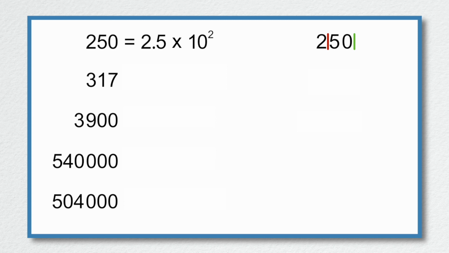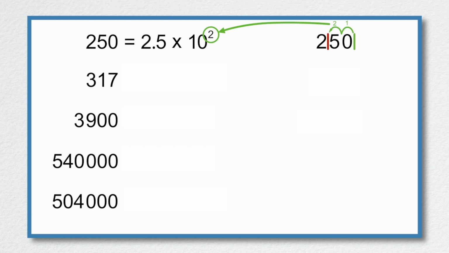Well, let's do that. 1, 2. We've counted 2 moves, and that 2 correlates with the 2 here, 10 to the power of 2. So we end up with 2.5 multiplied by 10 to the power of 2.